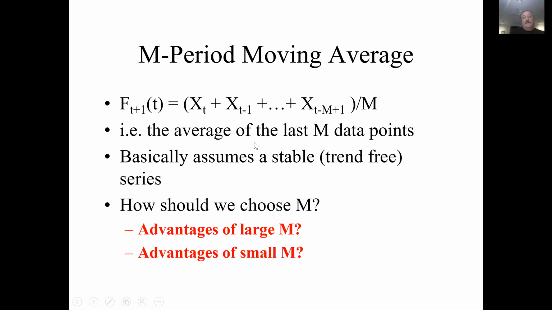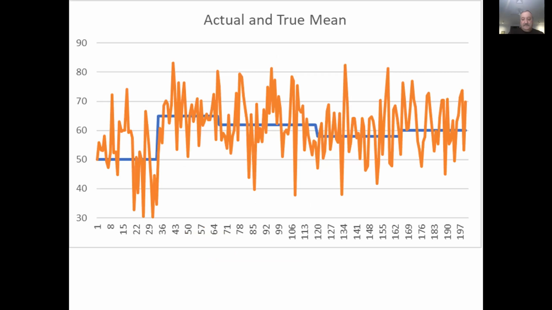So, one issue in a moving average is, how do we choose M? How many data points do we average together? The last 5, the last 7, the last 10, how do we pick M?